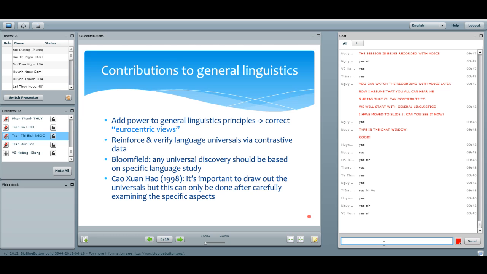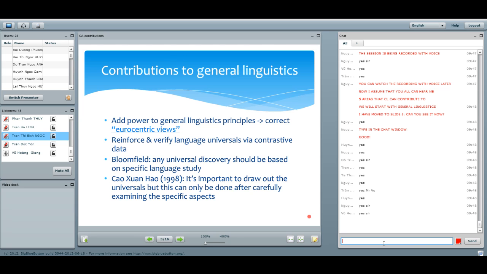In previous sessions, we have already talked about the case of Vietnamese syntax, in which it's really hard for us to tell whether a certain part of the sentence is a verb or an adjective, like "coi đẹp," for example. Contrastive linguistics also reinforce and verify language universals via the data collected.